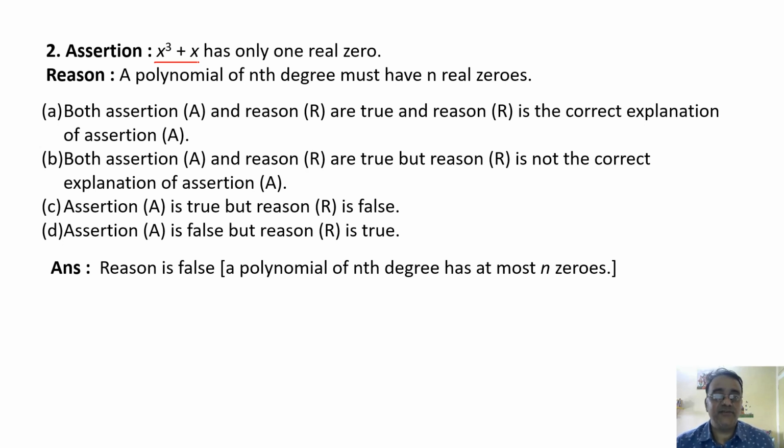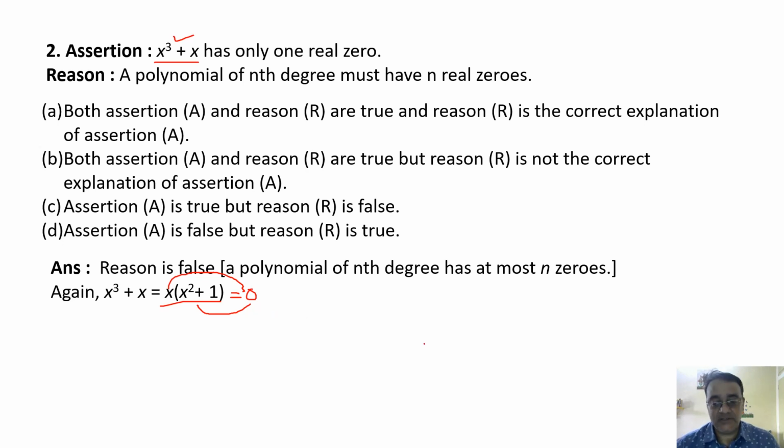Now again we will check for x cube plus x. What we can take common from here? X. Yes, we can take x common. If you take x common, we'll get x into x square plus 1. Now if we equate with 0, so we'll get either x is equals to 0 or x square plus 1 is equals to 0, which is not possible.